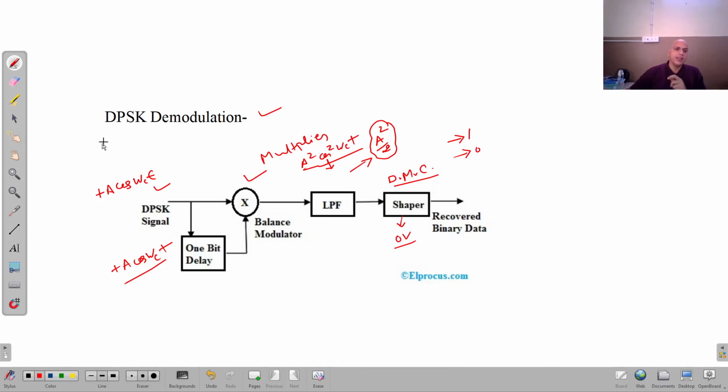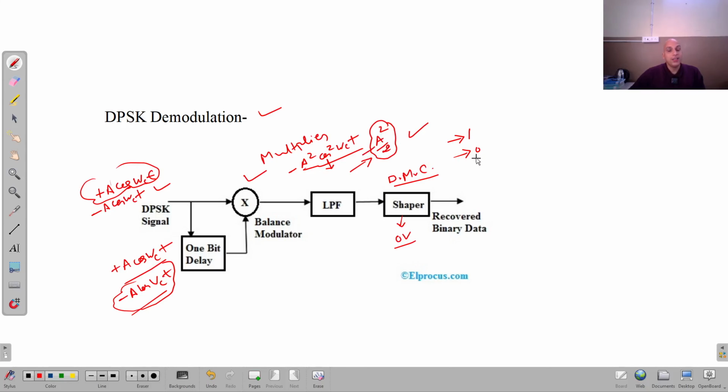Now the second possibility is that the incoming signal is minus A cos omega_c t, and the previous one is also minus A cos omega_c t. This possibility is also there. In that case, again I will have a positive product, and the same thing follows. But in the other possibilities, where one is positive and the other is negative, the product will be negative, and I will get negative A squared divided by 2.